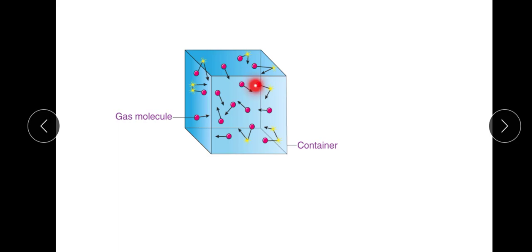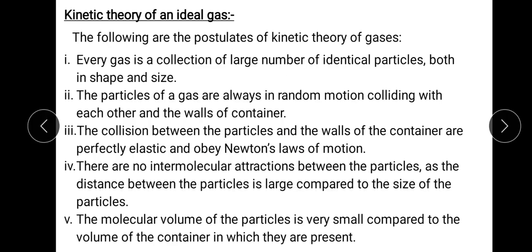You can observe here, this molecule is moving from a certain point towards the wall of the container, and it is colliding with the walls. So the molecules in a gas are under random motion. They can collide with each other, and also with the walls of the container. This is the second point in the kinetic theory.